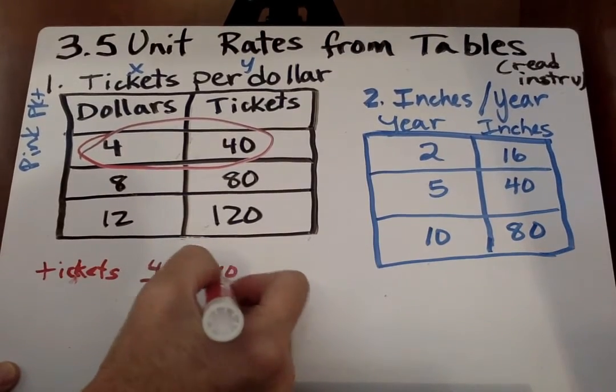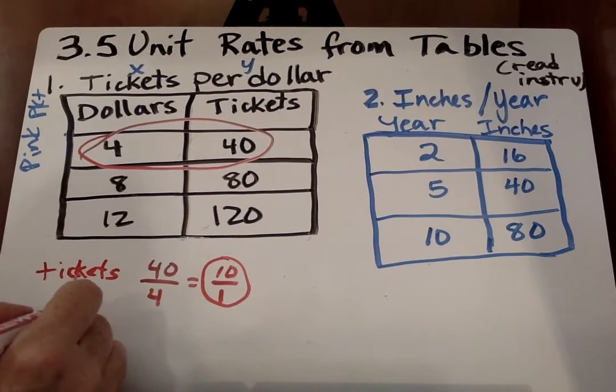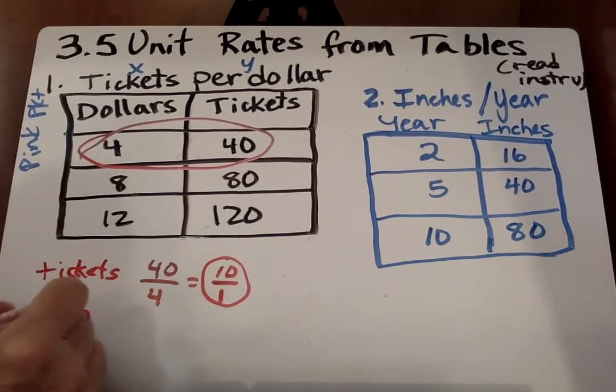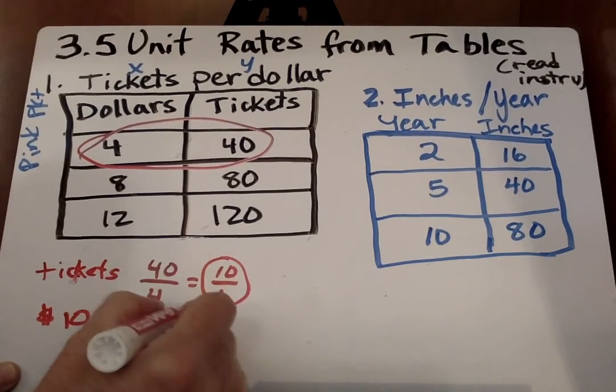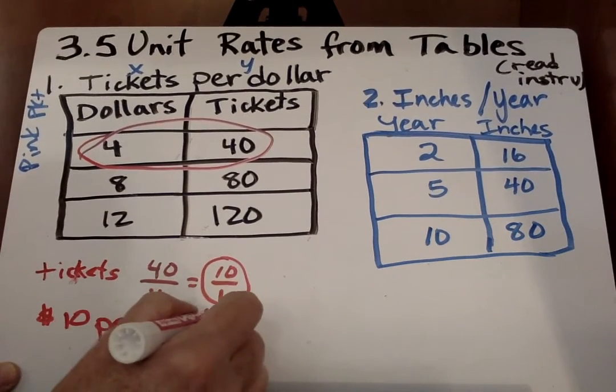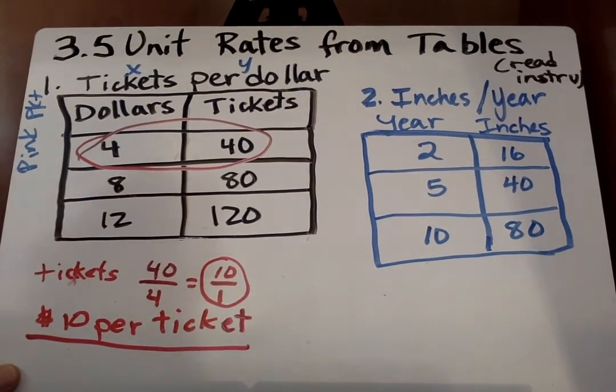So our rate is 10 for 1. So then we write it out, $10 per ticket. Always when you finish, ask yourself, does that make sense? Well, if it's a ticket to a movie, that's about right. So there you have it.